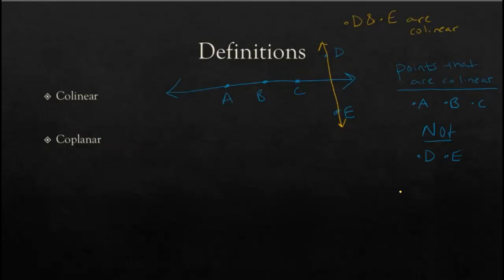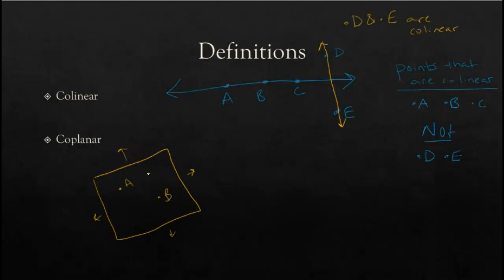What about coplanar? I bet you've already guessed this one. It means on the same plane. So we draw our geometric plane. Just kind of looks like a square, and it's going off in both directions or all directions. And I have point A on the plane and point B on the plane.